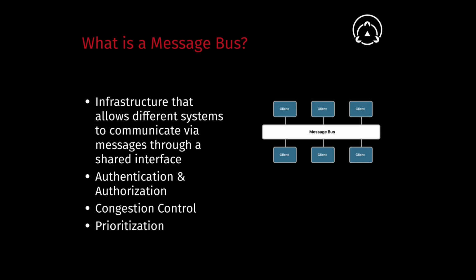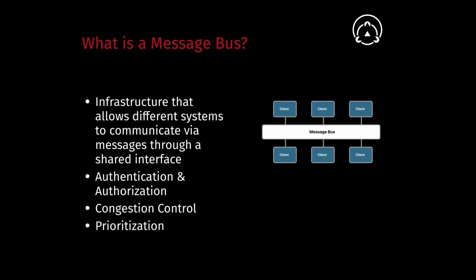So what is a message bus? Well, it's a piece of infrastructure that allows different systems to communicate via messages through a shared interface. As you can see on the right-hand side of the diagram, we have the message bus in white, and then we have 6 clients connected to that message bus.